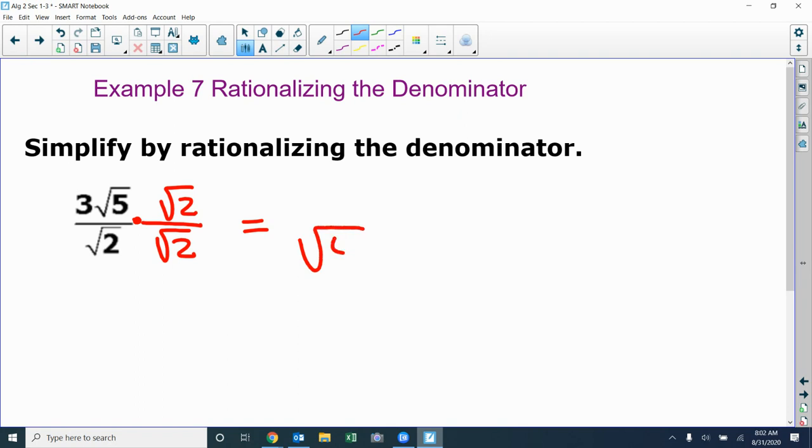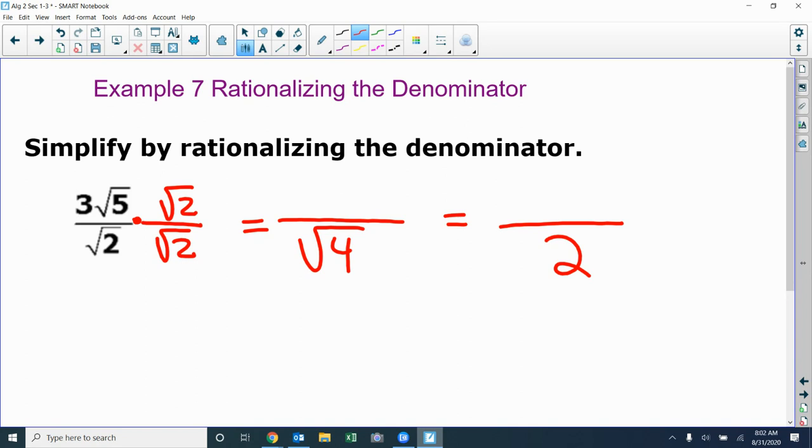Square root of 4. We'll come back to that in a second, okay? That's what we're trying to do. We're trying to get rid of that radical. So let's just go ahead and take care of that right now. What is the square root of 4? Of course, it is 2. So there's our goal. Just have to take care of the top.